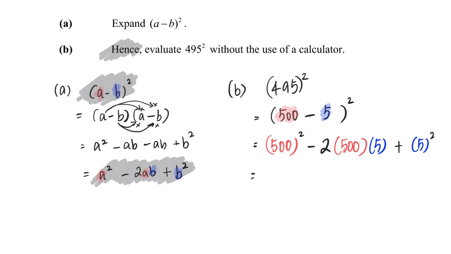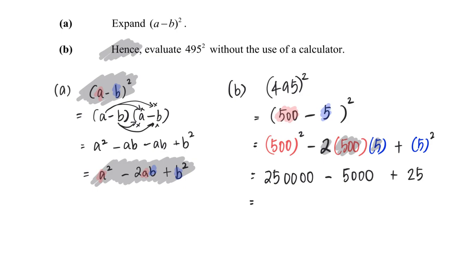Alright, and this will be quite a simple thing to do, because 500 square is 500 times 500. Well, that will give me 250,000 minus 2 times 5 is 10, 10 times 500 is 5,000. 5 times 5 is 25.